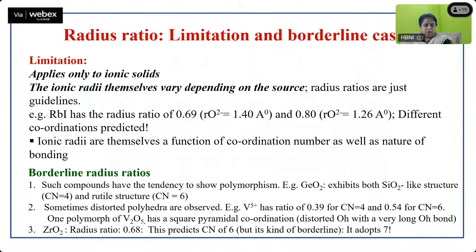So here, let's say germanium oxide exhibits both the silica-like structure, where the coordination number is 4, and the rutile structure, that is the TiO2 structure, where the coordination number is 6. For ZrO2, the predicted radius ratio is 0.68.